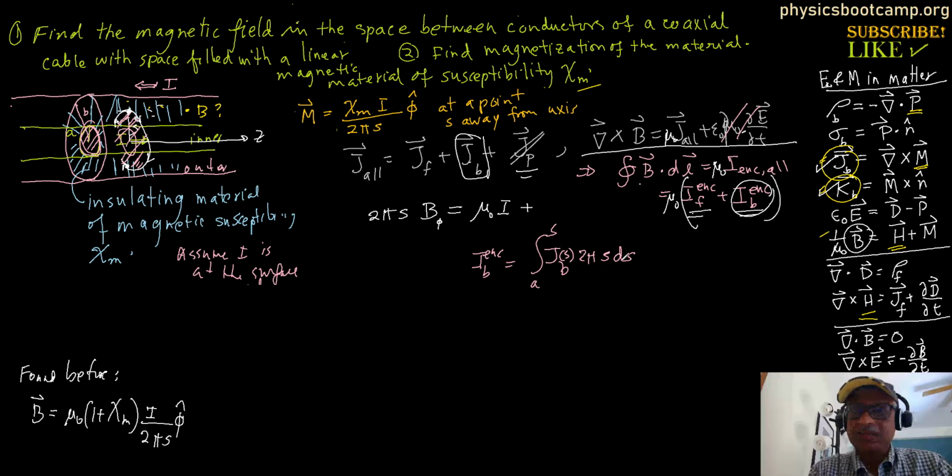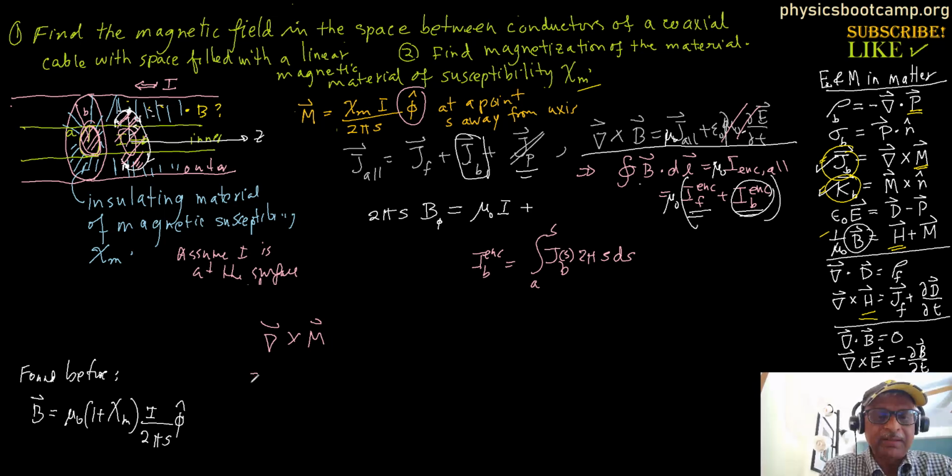What will be JB? JB will come from del cross M, and M is in cylindrical coordinates, so it is probably better to write del cross M. M has some constant, chi m I over 2 pi, times 1 over S phi hat.